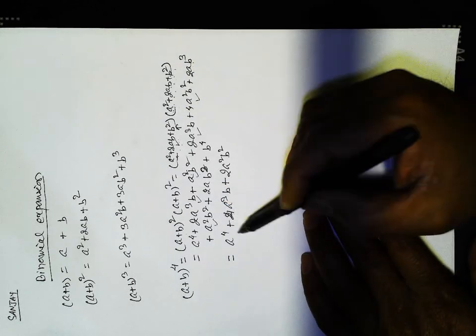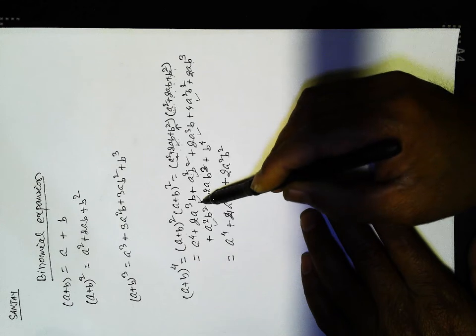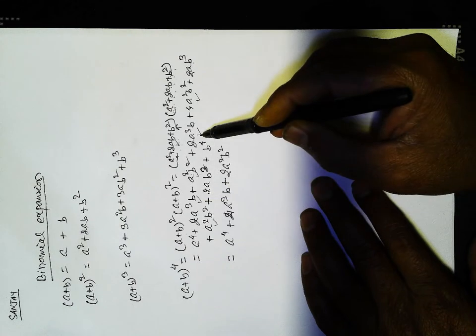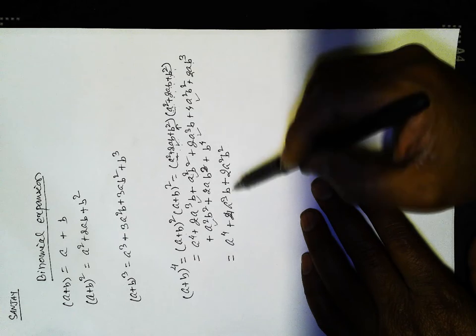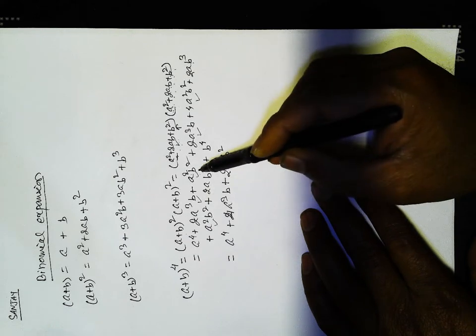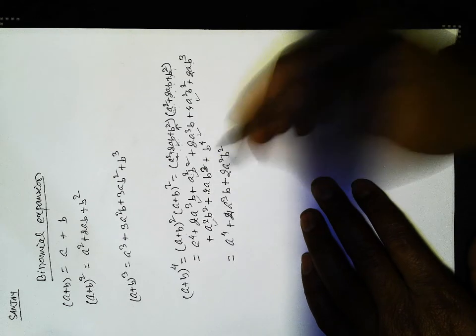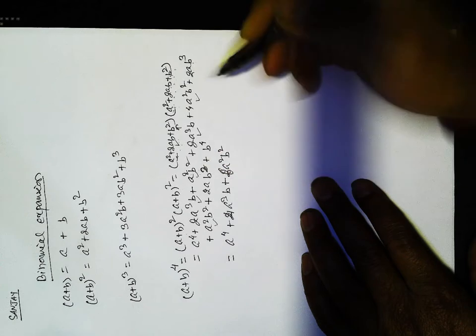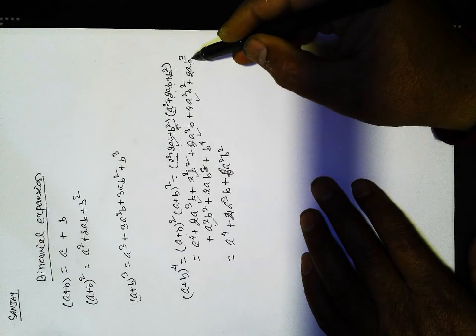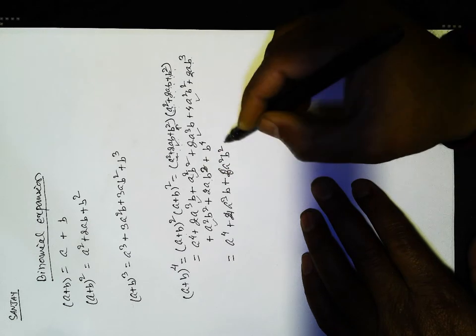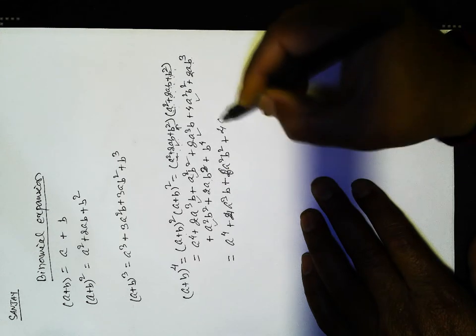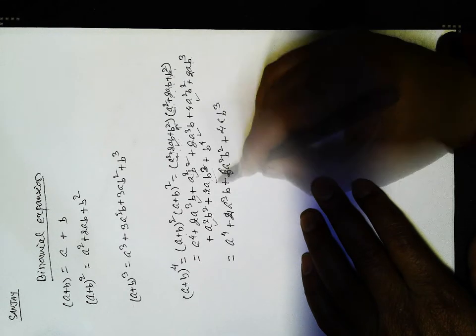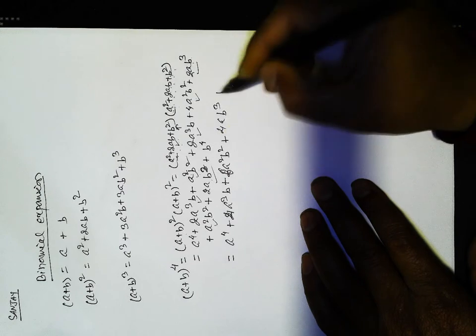After that we have a to the power 4, a cubed b, a cubed b, how many times? 2, 2, 4 times. Then a squared b squared, we have 6 times a squared b squared. Now 2ab cubed, 2ab cubed, we have 2 plus 2, 4ab cubed. All terms have been occupied. Now it is left with b to the power 4.